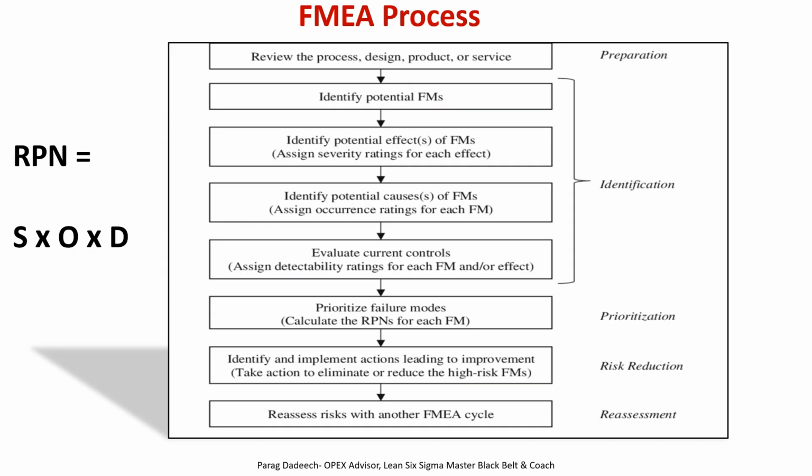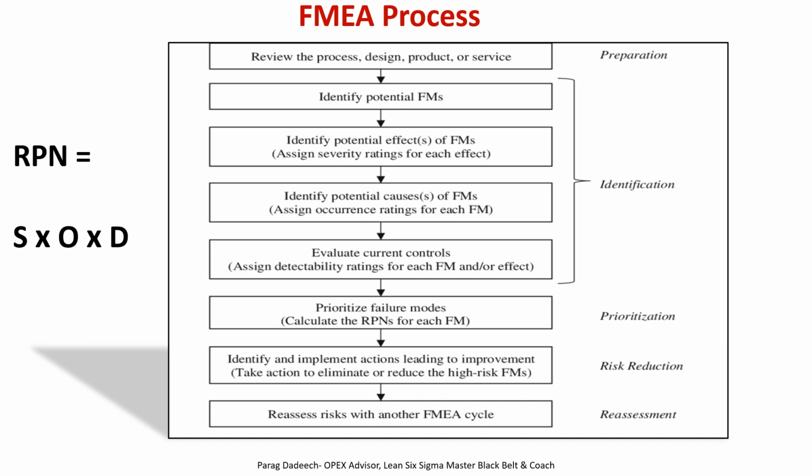The FMEA process steps, let's read them together. The first part is the planning or the preparation phase. Here, we review the process, design, product, or service aspects. This part should be done in great detail. Thereafter, we identify the potential failure modes.